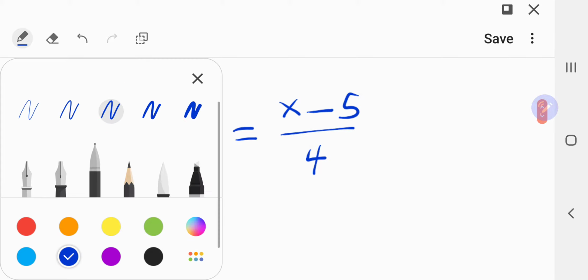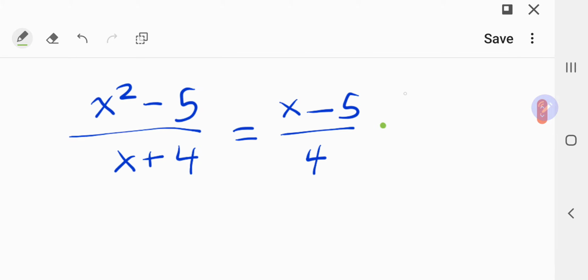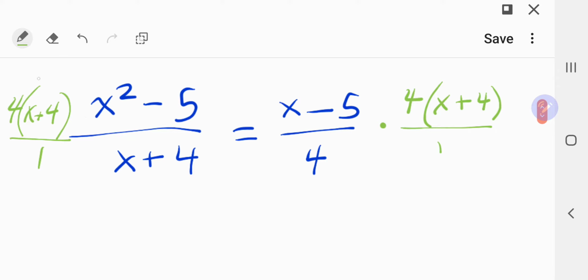Okay, as we learned in the last video, our method is to multiply by all of the denominators on both sides, over 1 this time. This will clear them out for us. Plus 4? Okay, when this multiply happens, all of this fraction times a subfraction simplifies to 1, and we get 4x squared minus 20.